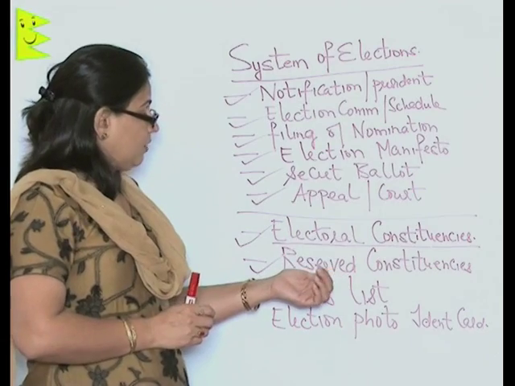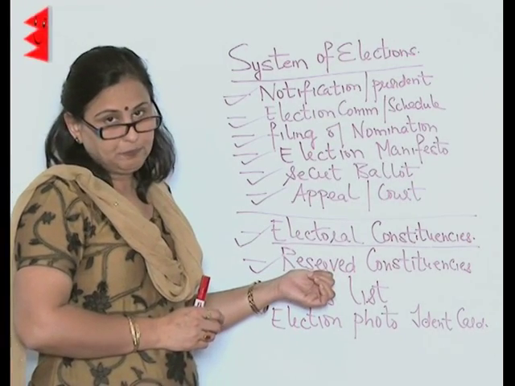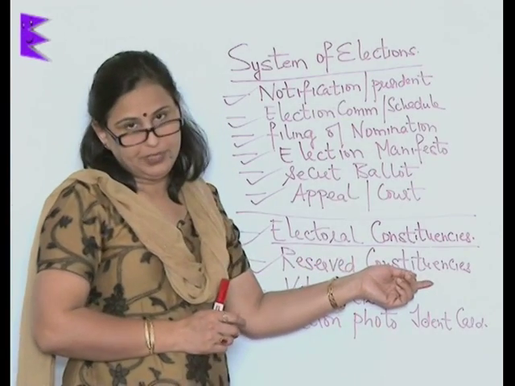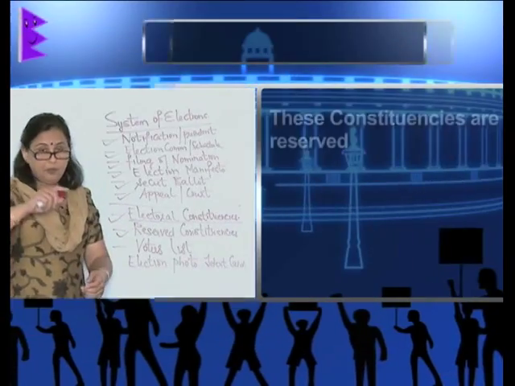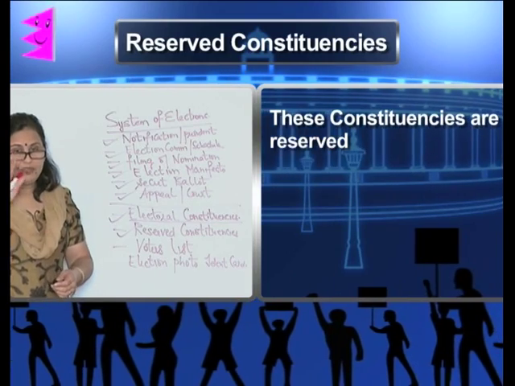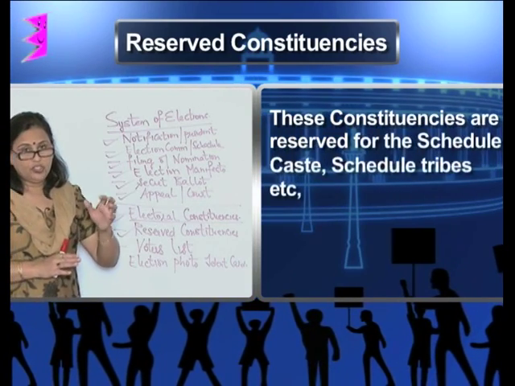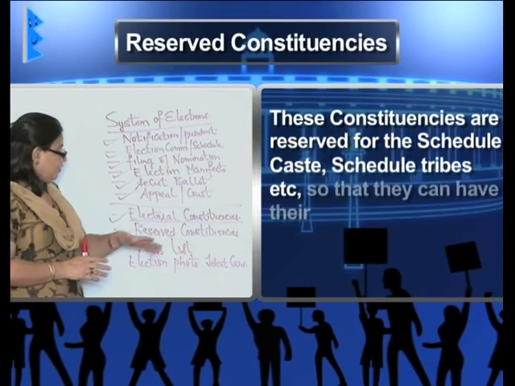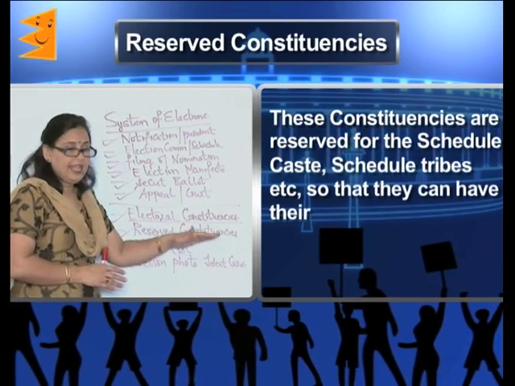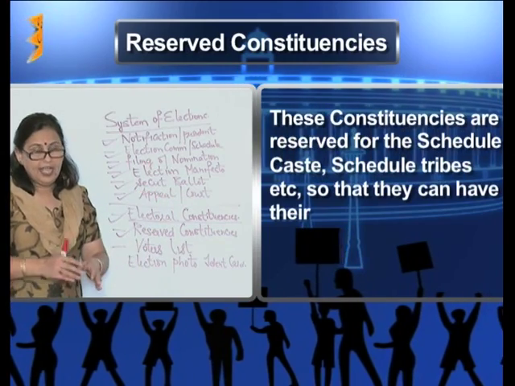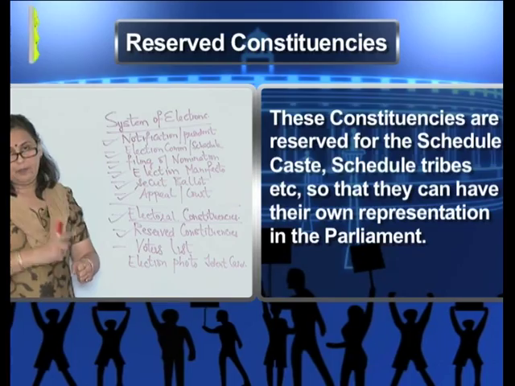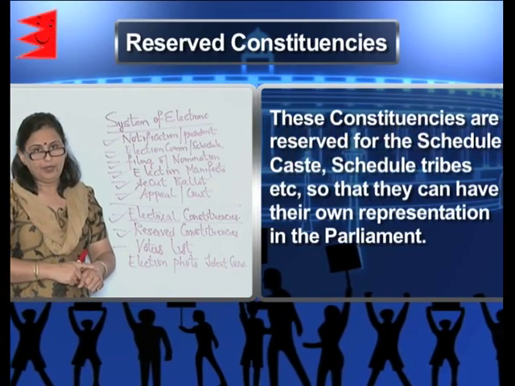Then they are given special privileges, and that is in the form of reserved constituency. That is, various constituencies are reserved for the scheduled caste, scheduled tribe and other backward classes so that they can get contested and they can have their own real representation in the parliament.